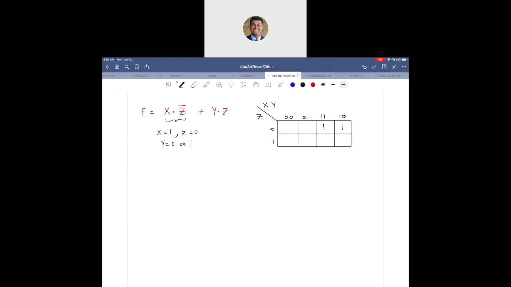And then the second one, Y equals 1, Z equals 1, X equals 0 or 1. So Y, Z, let's see that. This one, and X is 0, this one.